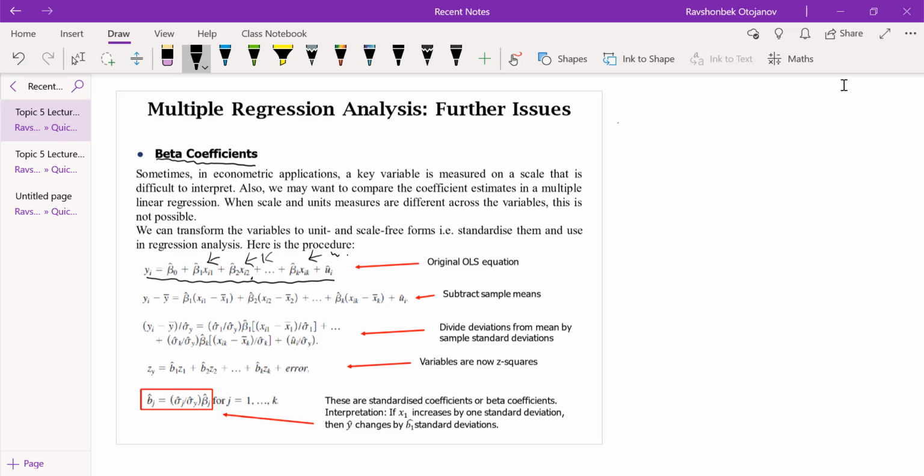Essentially, we won't be able to say which one has, in terms of magnitude, the highest effect. So what we do now is we convert these variables into unit-free form, such that we don't have to pay attention to the units of measurement, and this then allows us to compare the magnitudes of the betas.